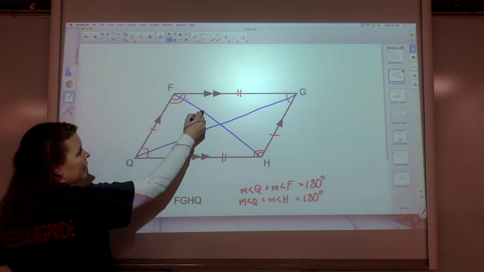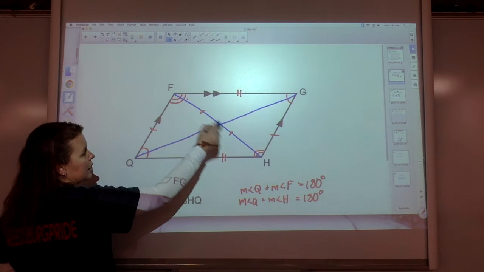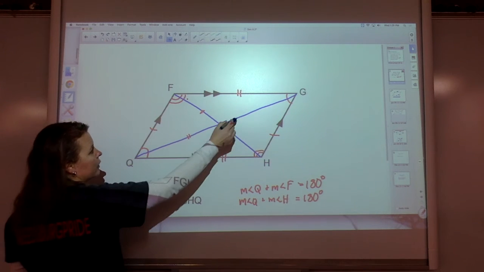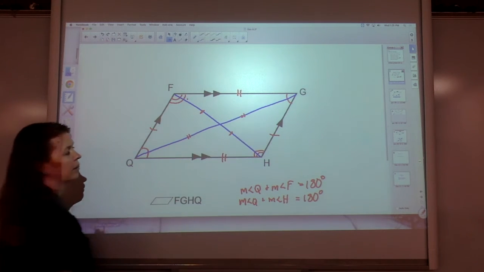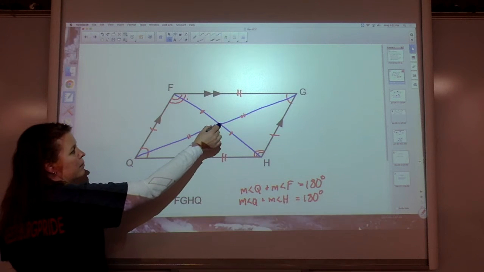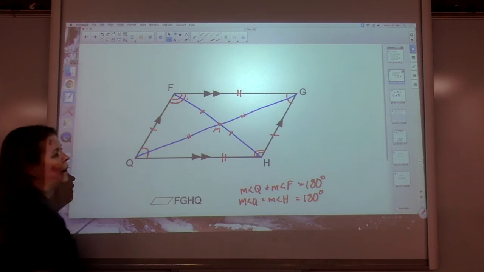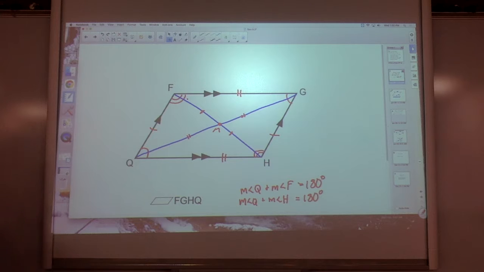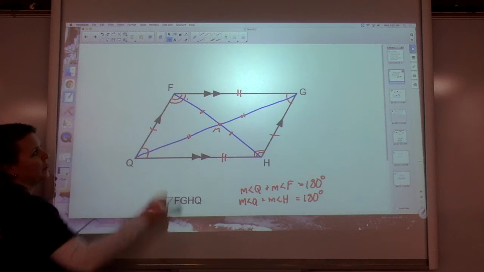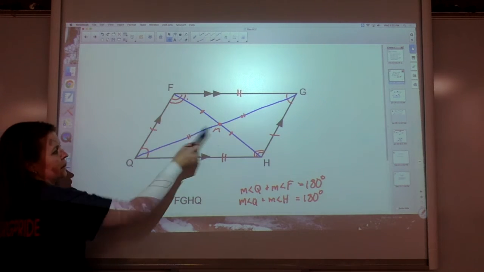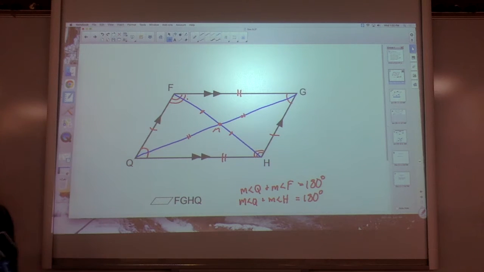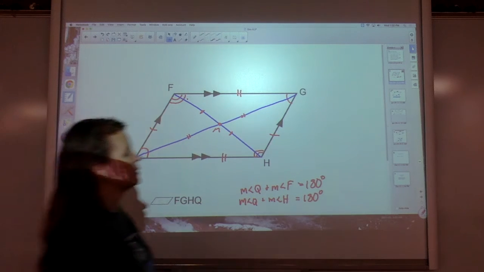So this diagonal right here is cut in half. This diagonal going this way is cut in half. This is technically a midpoint. M is the midpoint between QG and between HF because it cuts each one of those in half. And there are your 5 properties.